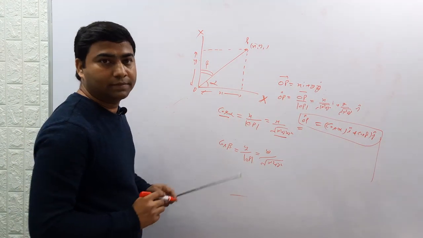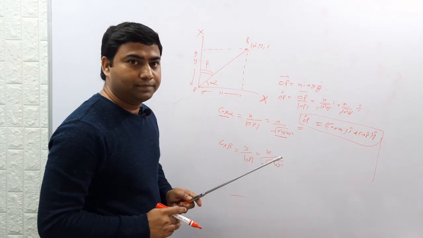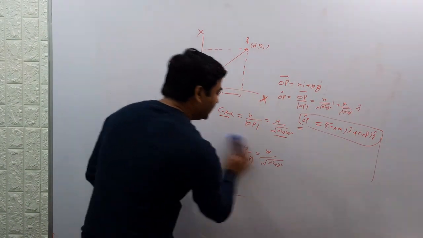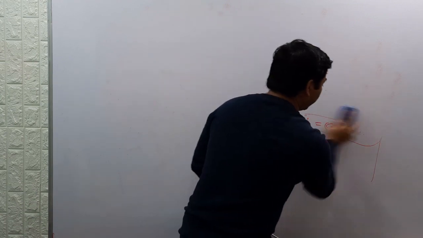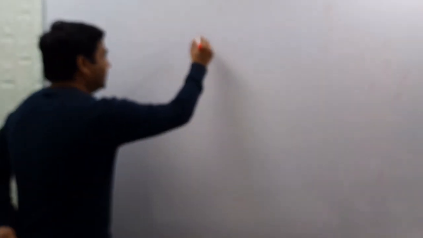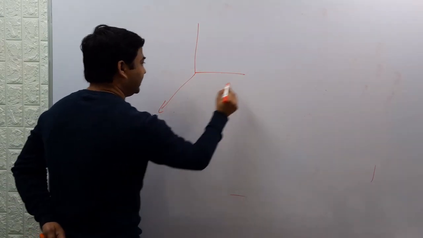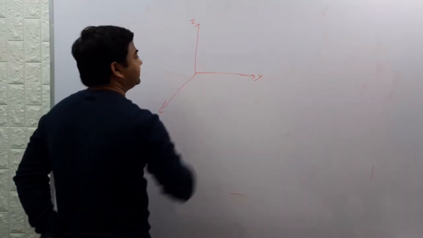So for any vector, we can generalize this statement for 3 dimensions also, as we have proved it for 2 dimensions. You can easily prove it for 3 dimensions also, with x, y, z and i, j, k.